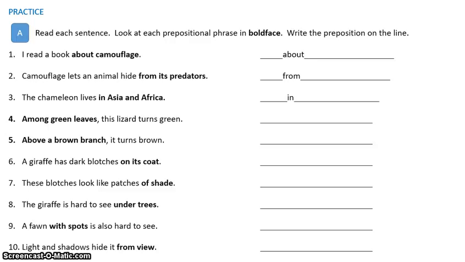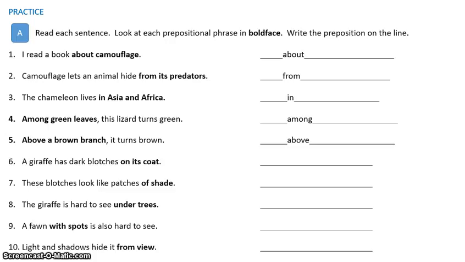Number 4, among green leaves, comma, this lizard turns green. So, among green leaves is a prepositional phrase, and so the word among is the preposition. Above a brown branch, comma, it turns brown. Above a brown branch is the prepositional phrase, and so it starts with the word above.